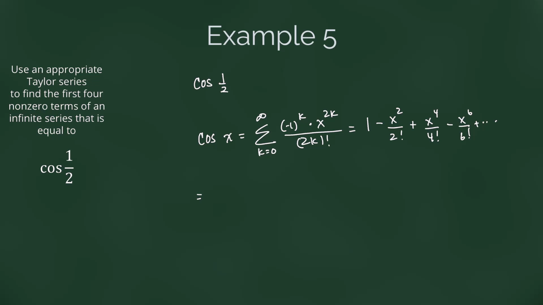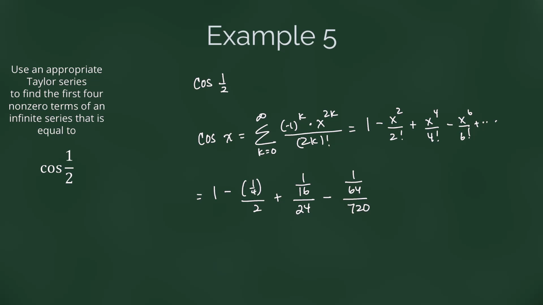So we're going to get 1 minus 1/2 squared is 1/4 over 2 factorial, which is 2, plus 1/2 to the 4th is 1/16 over 4 factorial, which is 24, minus 1/2 to the 6th is 1/64, and 6 factorial is 720.